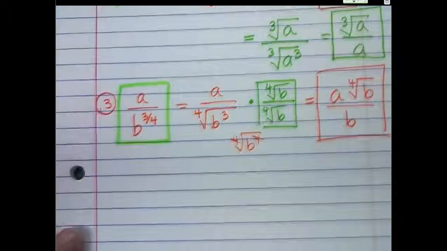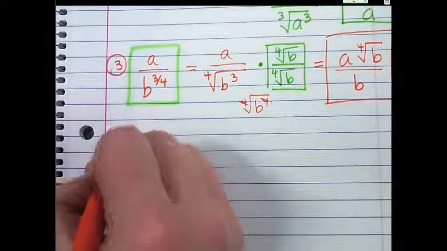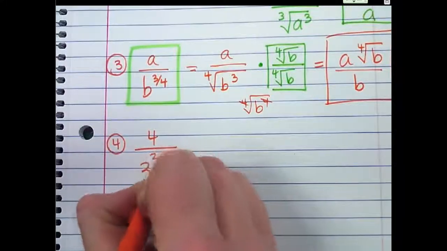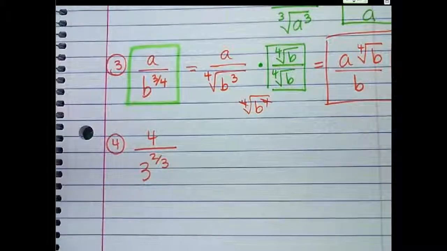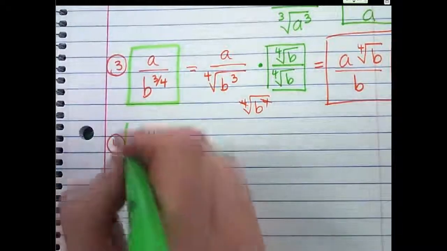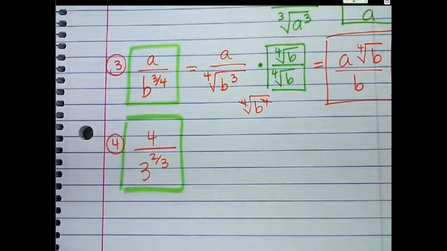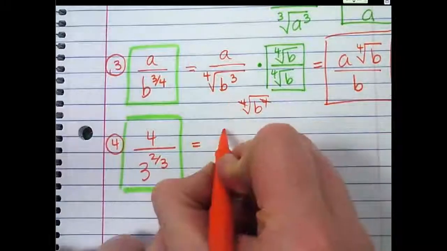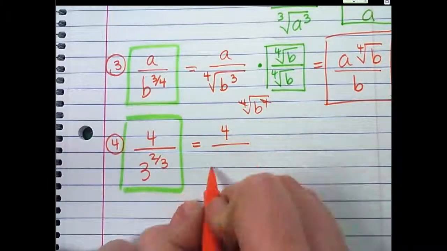All right, let's try with some numbers. Number 4, 4 over 3 to the 2/3. So same thing with your letters, change it to radical form first. So 4 on top.